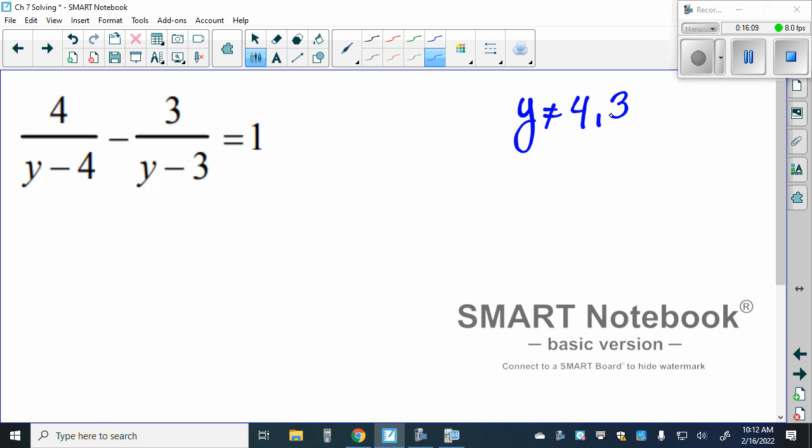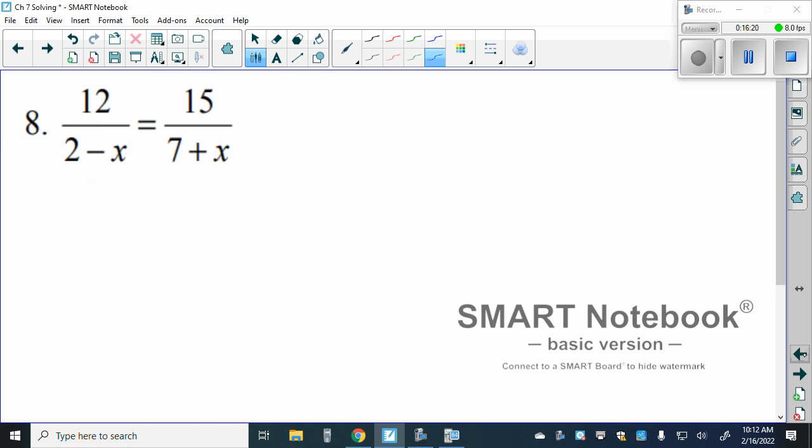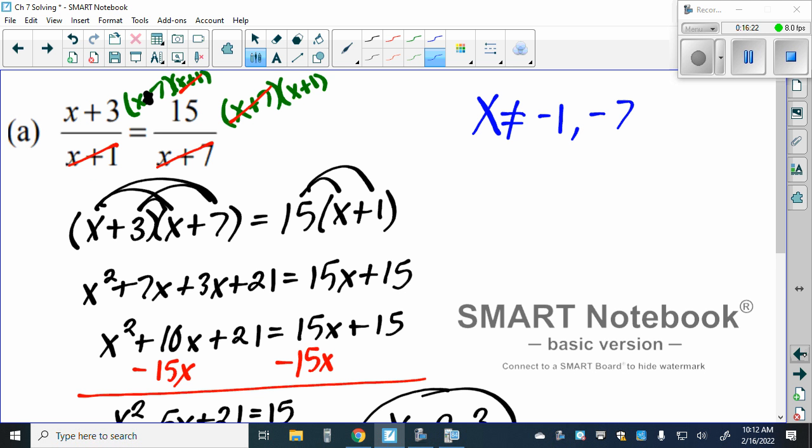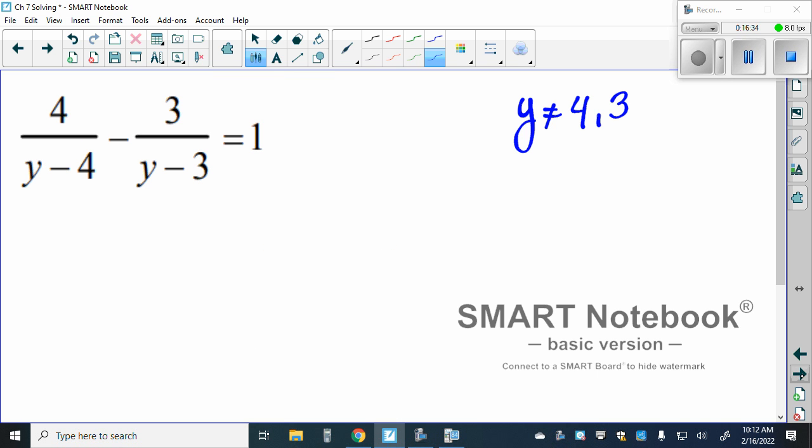Now, these problems here is where cross multiplication fails. Because cross multiplying is essentially multiplying the numerator by the denominator of the other side. Well, wait a minute. On the last one here, essentially what we did, yes? Okay. So we can multiply the denominator by the numerator of the other side.